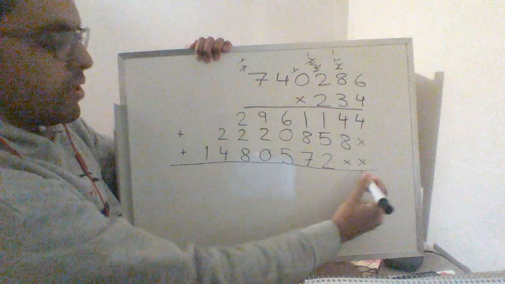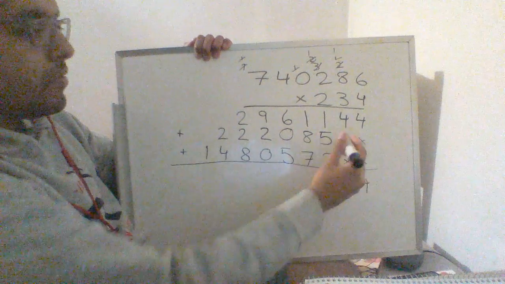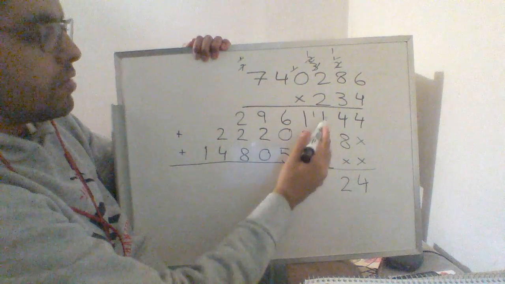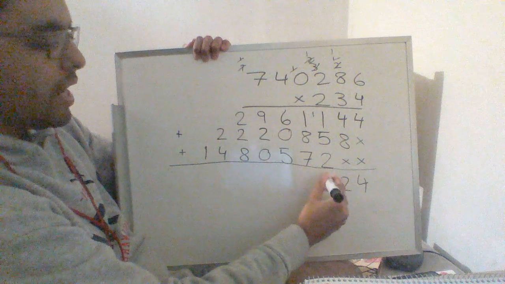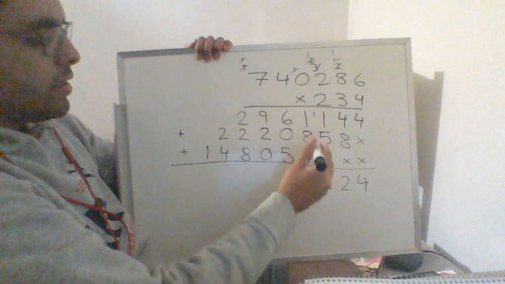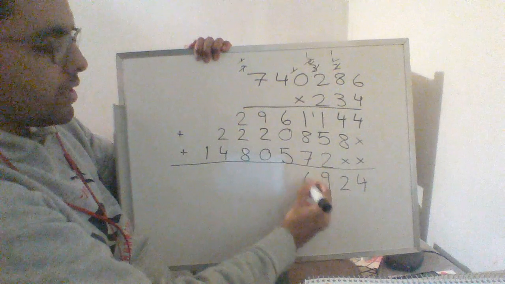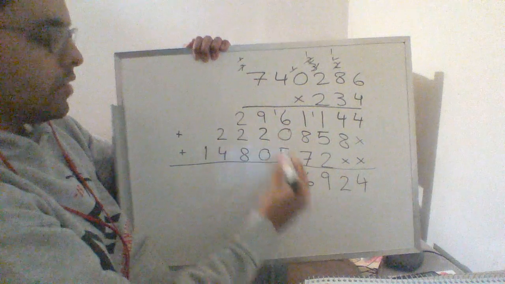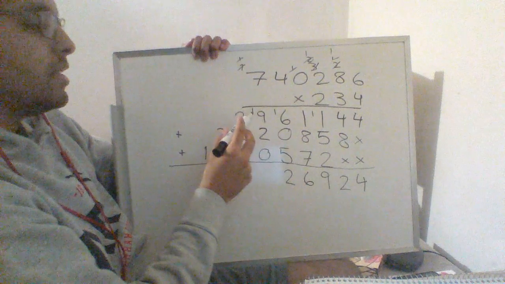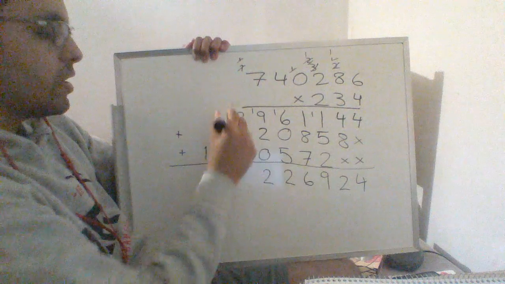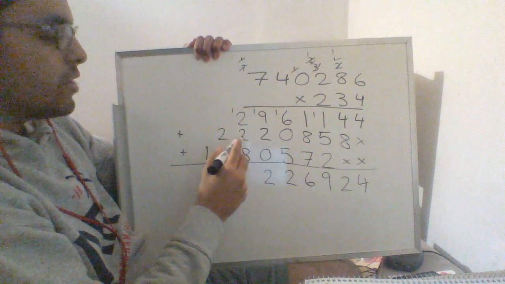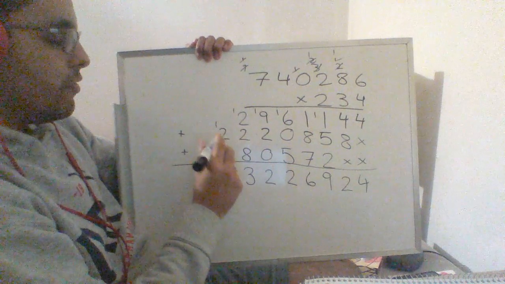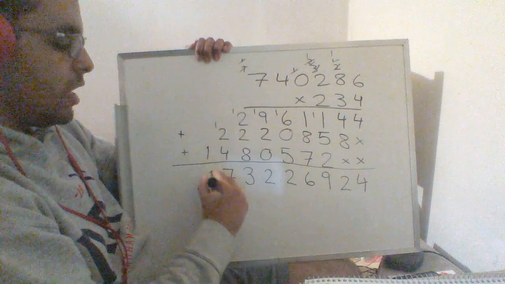What am I saying? 4 plus 0 plus 0 is going to give us a 4 down there. 8 plus 4 is 12. 5 plus 2 is 7, plus 1 is 8, plus the one that we carried, that's 9. 8 plus 7 is 15, plus 1 is 16, carry the 1. 6 plus 1 is 7, 7 plus 5 is 12, carry the 1. 9 plus 1 is 10, plus 2 is 12, carry the 1. 8 plus 2 is 10, plus 2 is 12, plus 1 is 13, carry the 1. 4 plus 2 is 6, plus 1 is 7, and we get a 1.